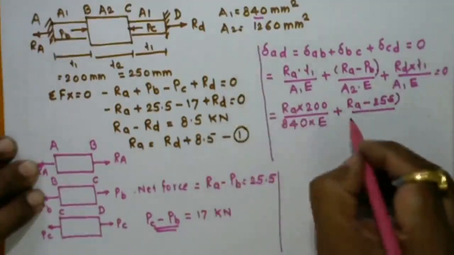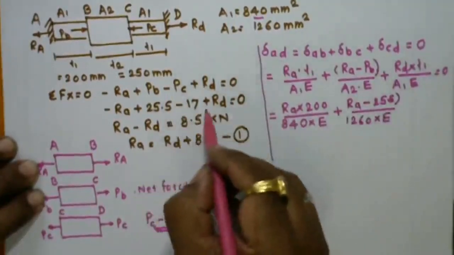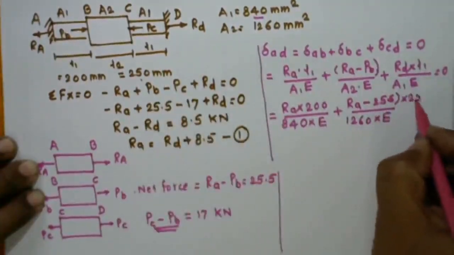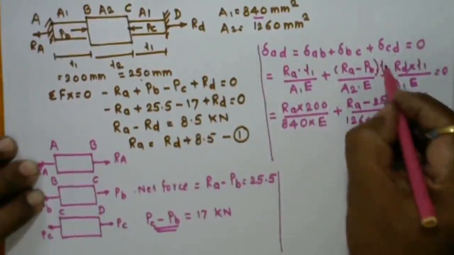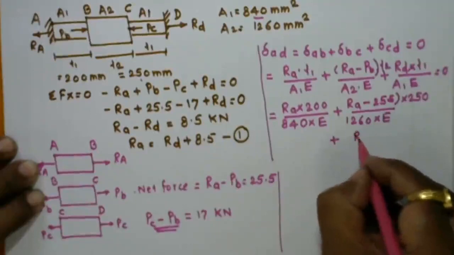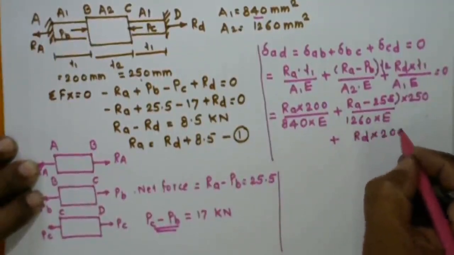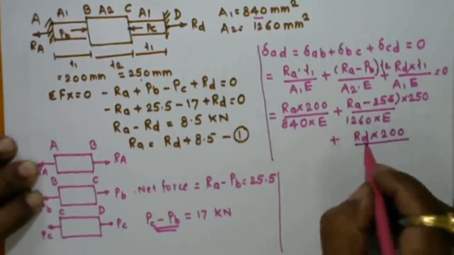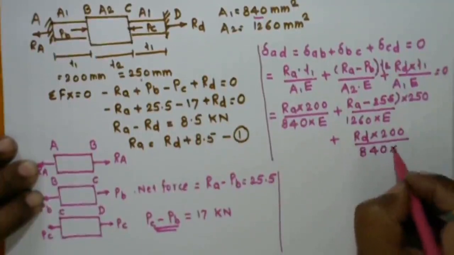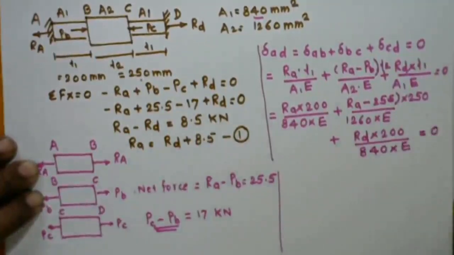A2 is given, 1260 into E, and L2 is 250, plus RD into L1 again 200, divided by area again 840 into E is equal to 0.